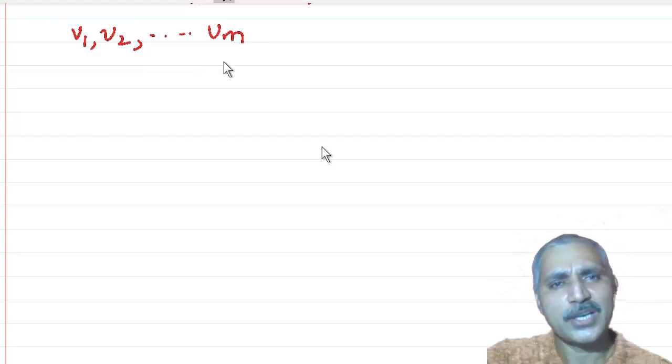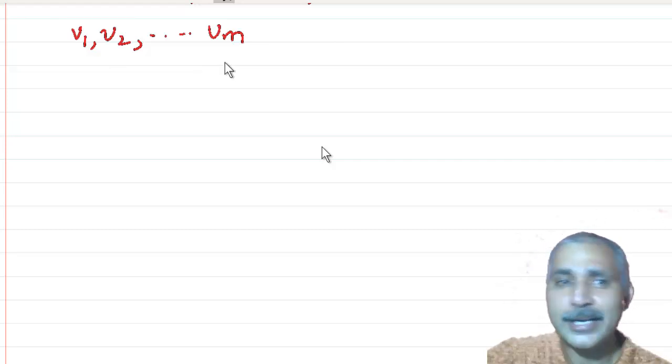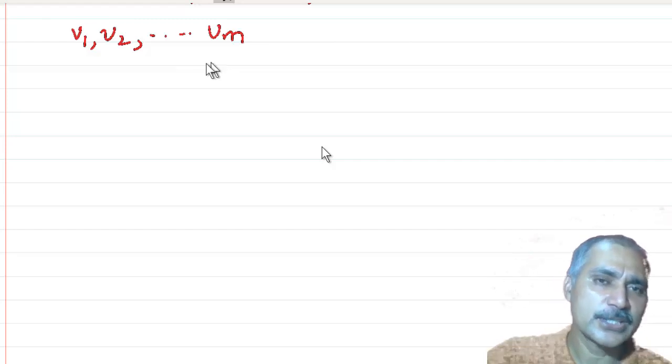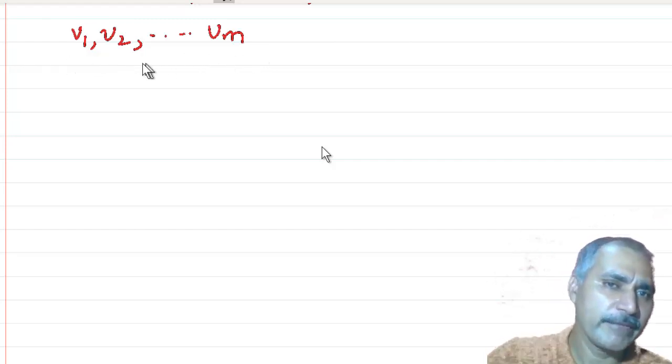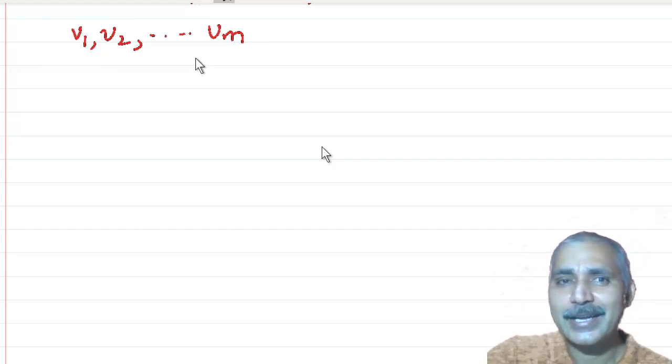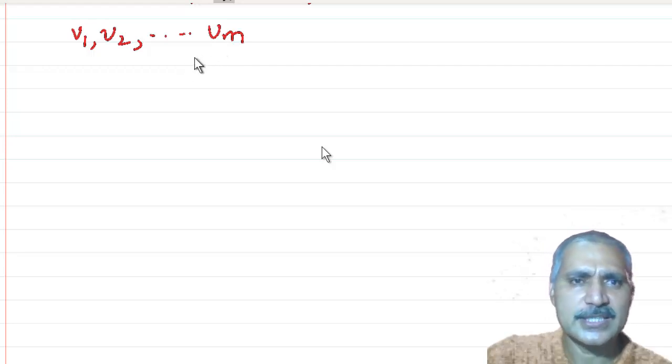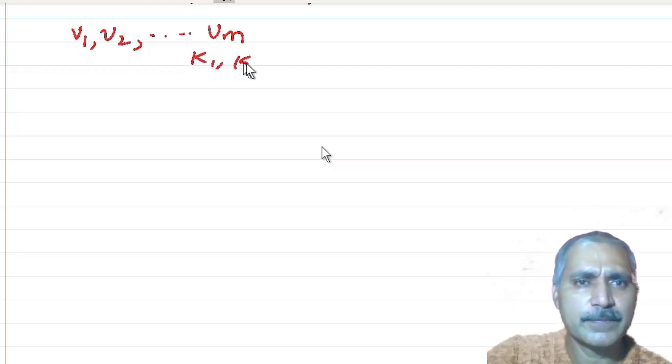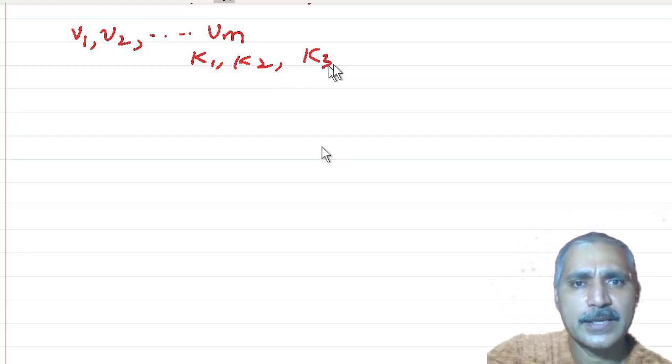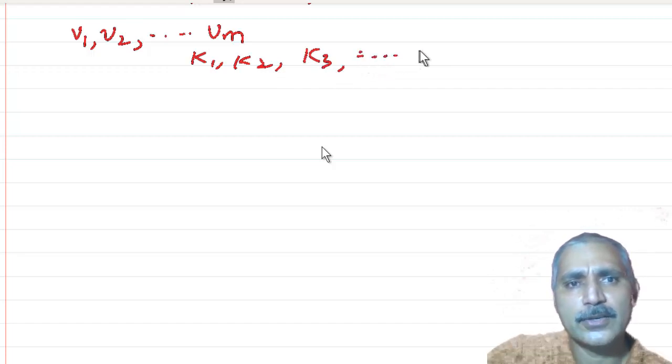Now we have to check whether these vectors are linearly independent or not. In that situation, we have been given m vectors, so we will be taking m constants. Let us take k1, k2, k3, up to km.